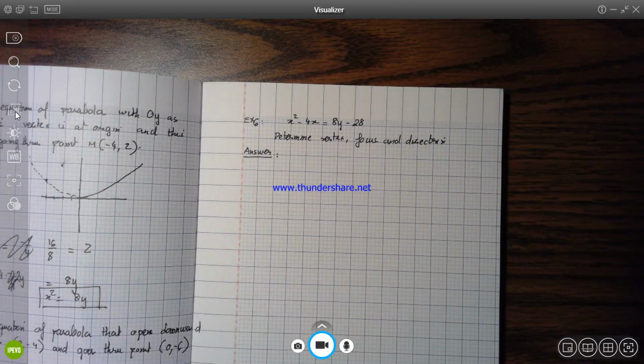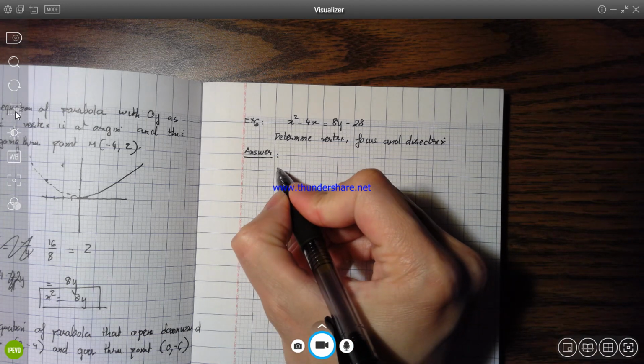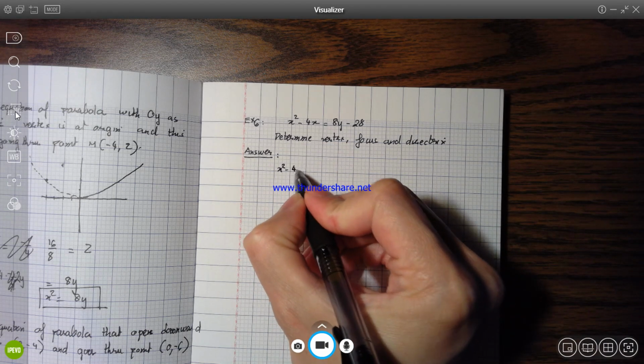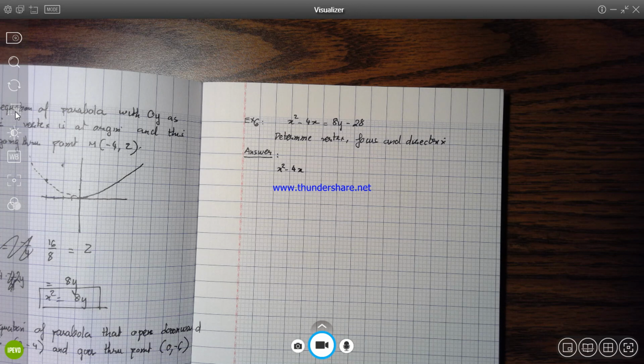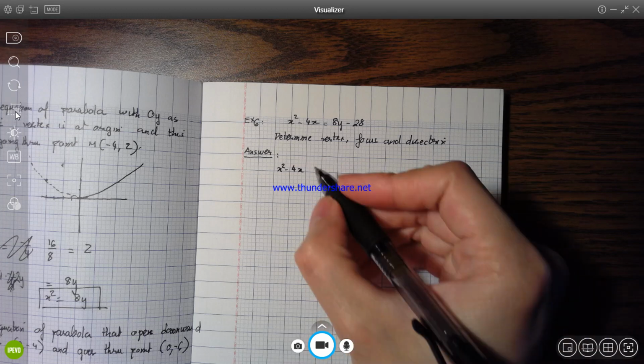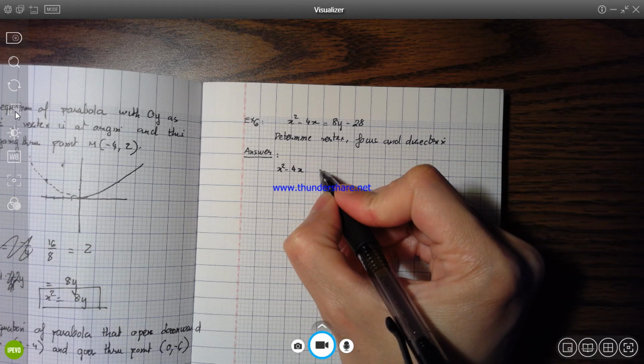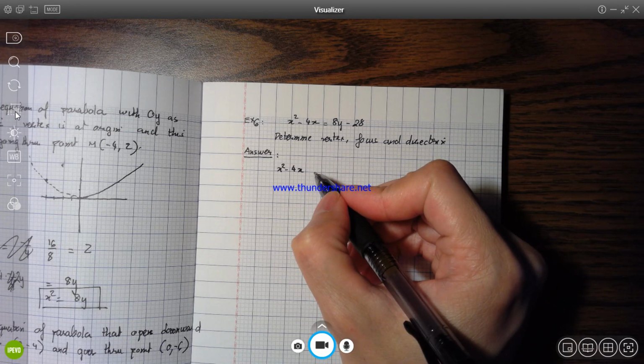Alright. So we try to get a perfect square for the x. I'm going to bring all the terms with x onto the left hand side. Actually, it's on the left hand side already. And on the right hand side, we have 8y minus 28.